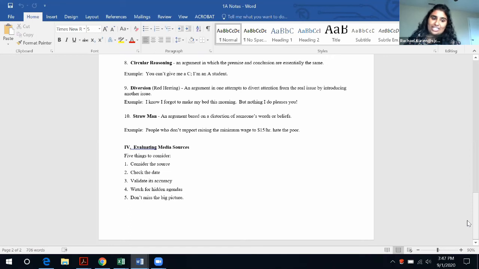Validate its accuracy, so also make sure that you're picking a credible source. Check other sites, check other media, other things to validate whatever it is that you're reading or seeing. Just because one site says something doesn't mean that it's fact. You usually want to go through more sites and make sure that they say the same thing.